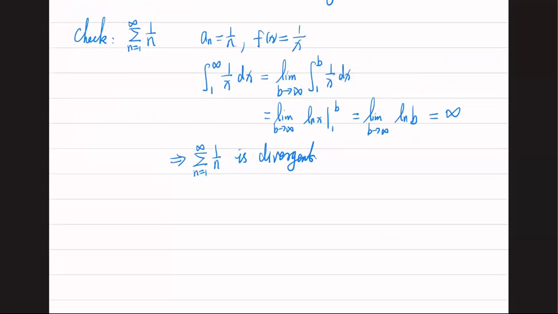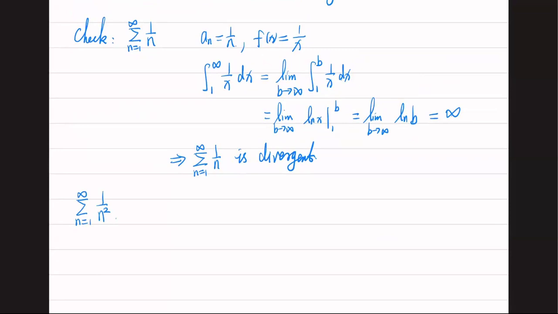We have a similar one. If we replace it by 1 over n squared, convergent or divergent, how do we check? Okay, think about this.